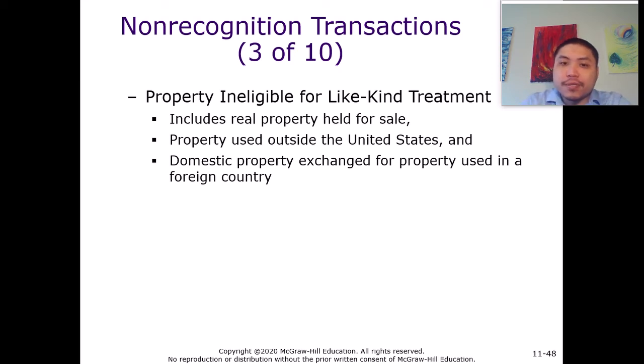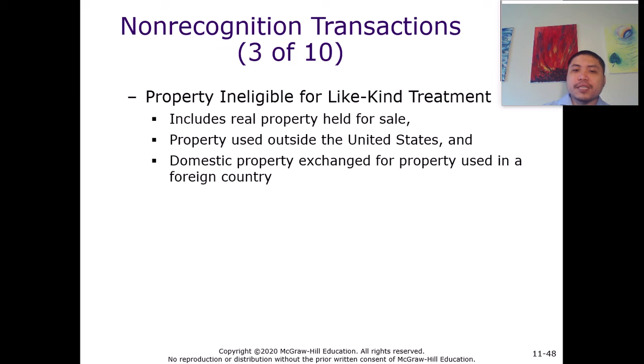A developer probably has multiple pieces of property in his inventory, and he's going to sell them to people during his normal course of business. This kind of property cannot be used in a like-kind exchange. It cannot be treated as like-kind property.